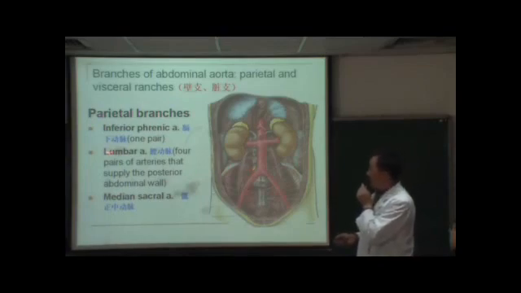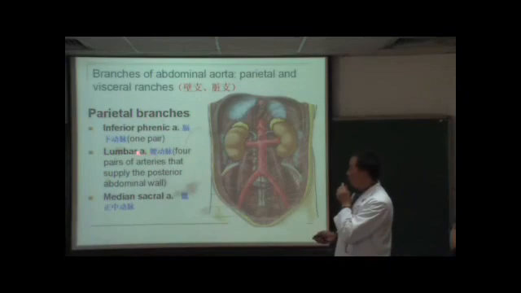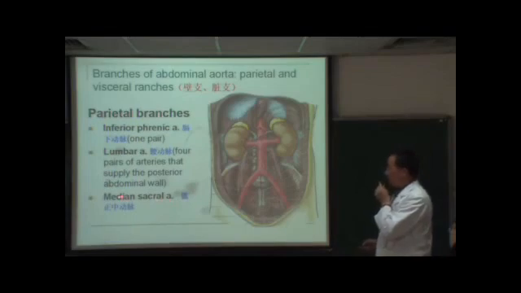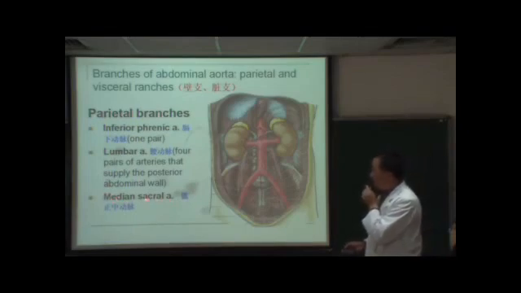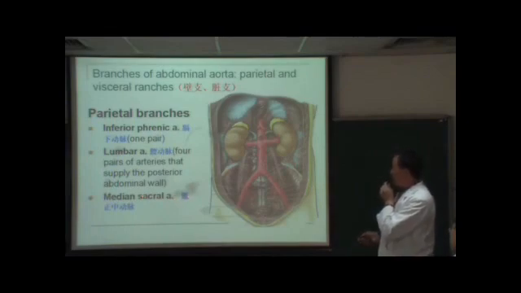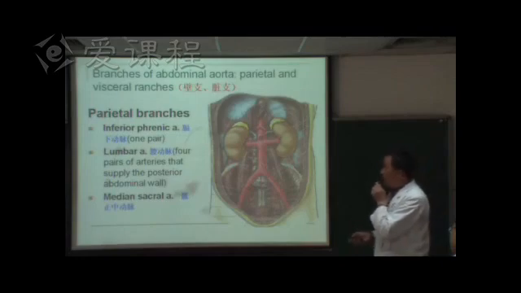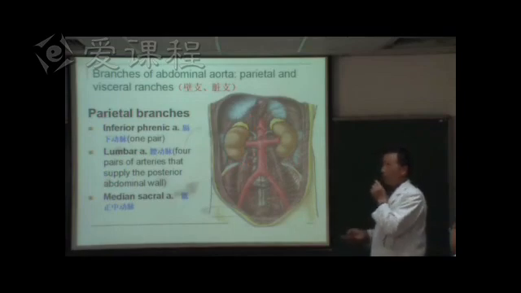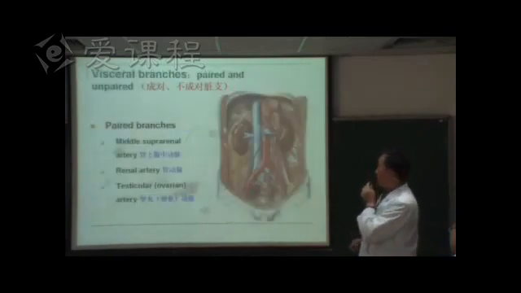These are lumbar arteries. And another one artery is called medial sacral artery. Here, there's only one. These arteries supply the wall of the abdominal cavity.